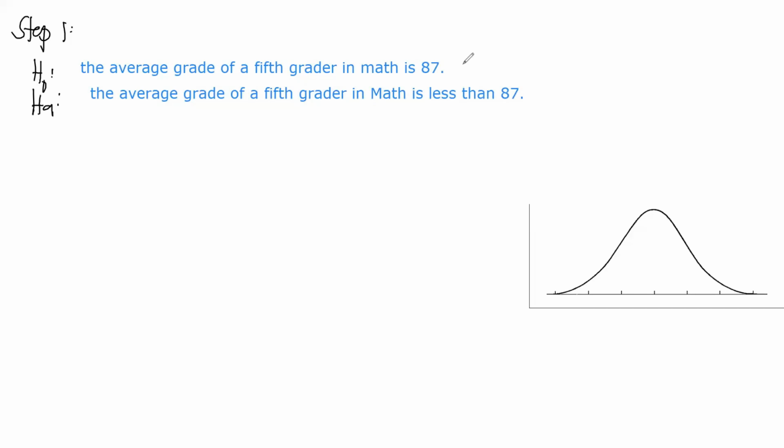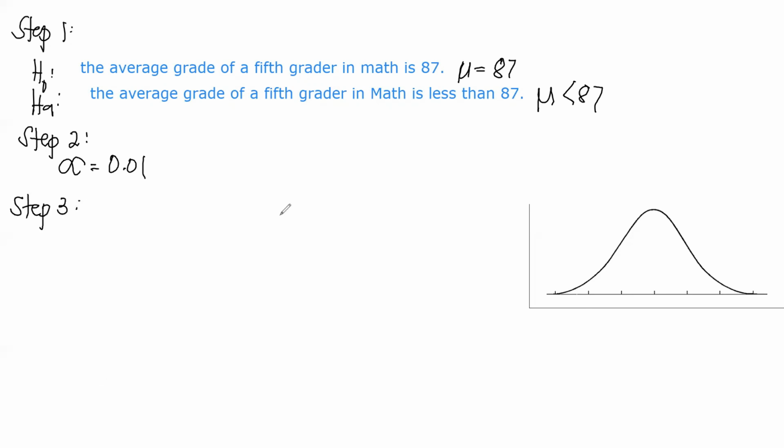So we write it in symbol. For the null, we have mu is equal to 87. For alternative, we have mu is less than 87. For step number 2, we have the alpha level, which is 0.01.